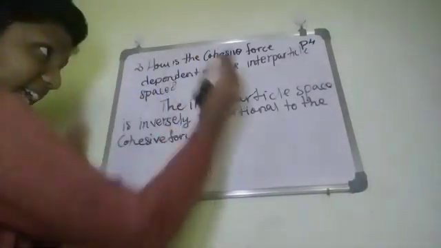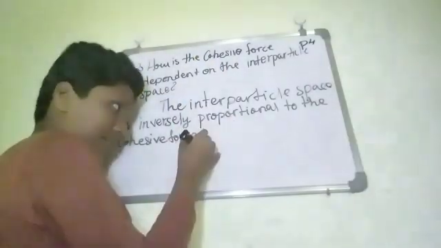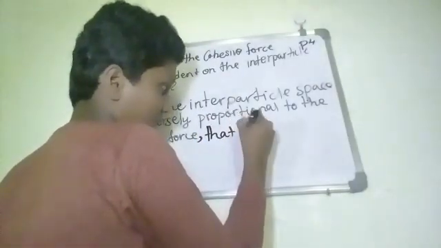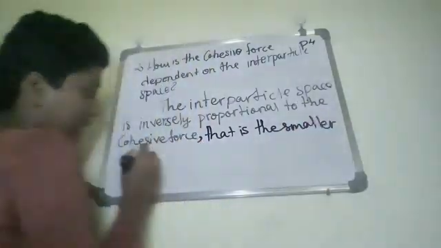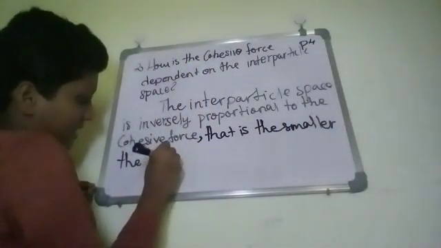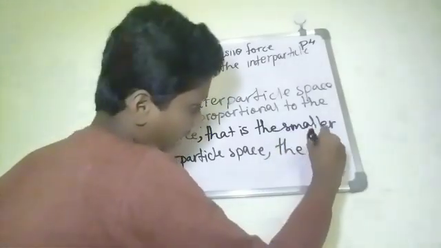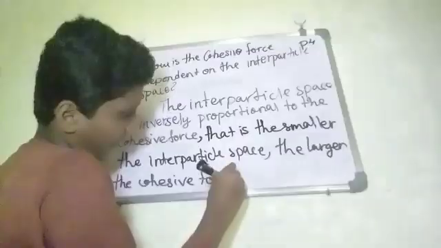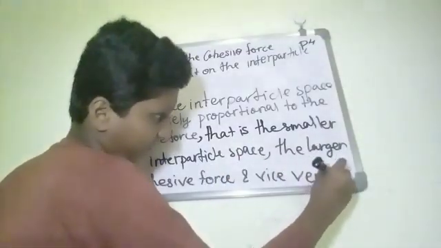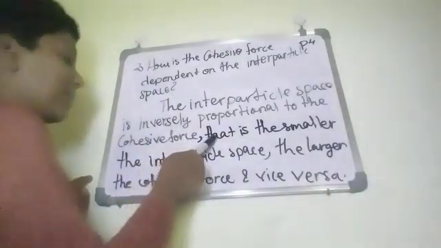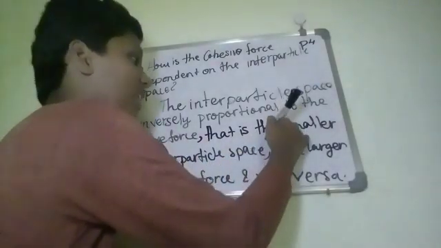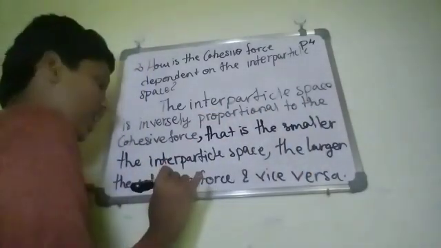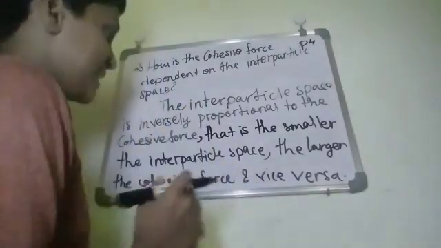Next we need to explain this. Put a comma and write: that is, the smaller the interparticle space, the larger the cohesive force, and vice versa.